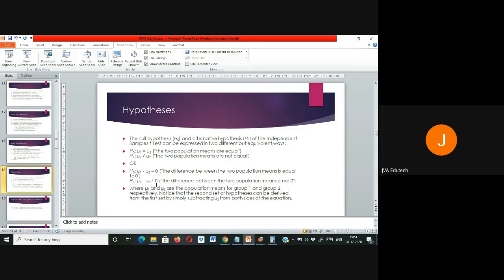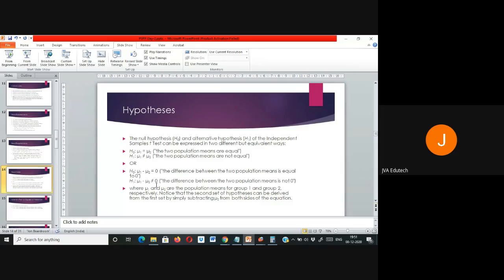When you have taken two groups of the independent variable and they are divided into your populations, the mean of one group does not have any significant difference from the other group. Whereas the alternate hypothesis says mu1 is not equal to mu2.